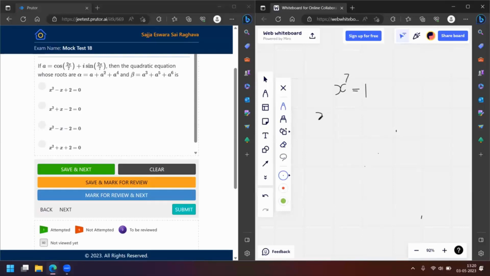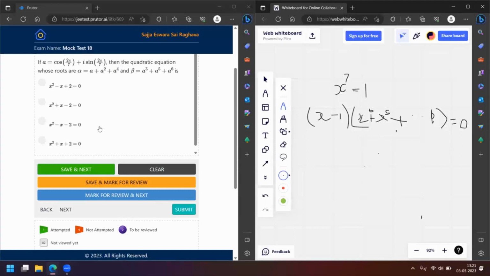If you simplify this equation, you will get x minus 1 times a polynomial. Given that a is a root of this, we can say a to the power 6 plus a to the power 5 and so on, plus a plus 1, is equal to 0. So the sum of the roots will be minus 2, and you can multiply them to get the product. If you multiply alpha and beta and simplify, you will get the value of the product of the roots. By the sum and product of the roots, you can get the quadratic equation.